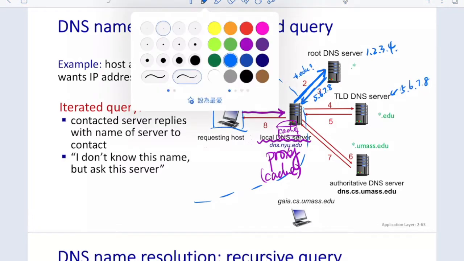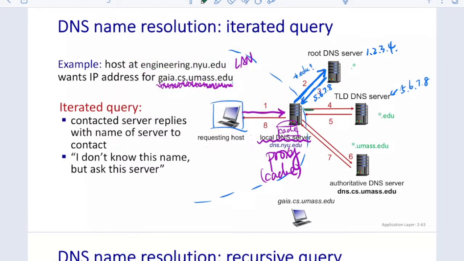After that, again, your local DNS server will send another new DNS query to that 5.6.7.8, this top level domain DNS server, because it is responsible for .edu. So it will ask the next question: who is responsible for umass.edu?